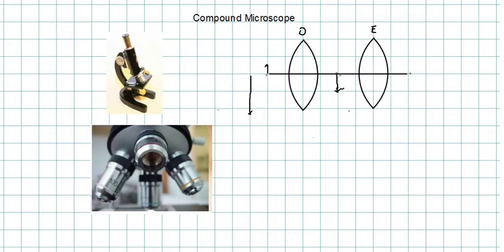Okay. Now, you can see in this picture a compound microscope. You must have seen it in your bio lab, those students who have biology. You use this instrument to watch different cells and other things in your bio practicals. And you can see it has 1, 2, 3, 4 objectives.